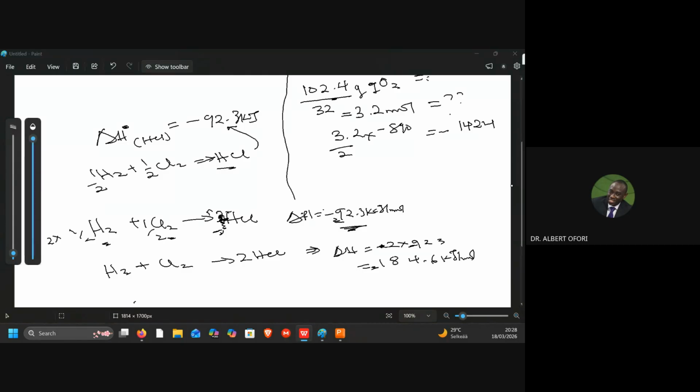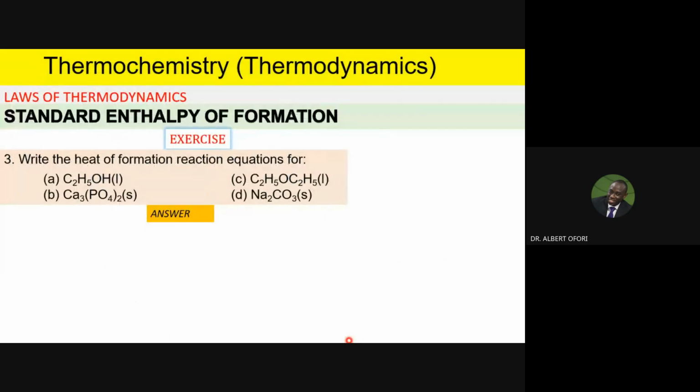Now if we understand that, let's write the enthalpy of formation for the following reaction. I should have made it a standard enthalpy so that you know it is 1 mole of that. If I say enthalpy of formation, you can just write the balanced equation.